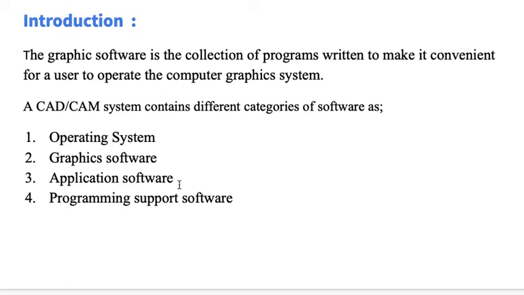Several application software packages are commercially available for the purpose of mass property calculations, assembly analysis, tolerance analysis, finite element analysis, mechanisms analysis, sheet metal design, analysis of plastic injection molding, and also animation techniques.